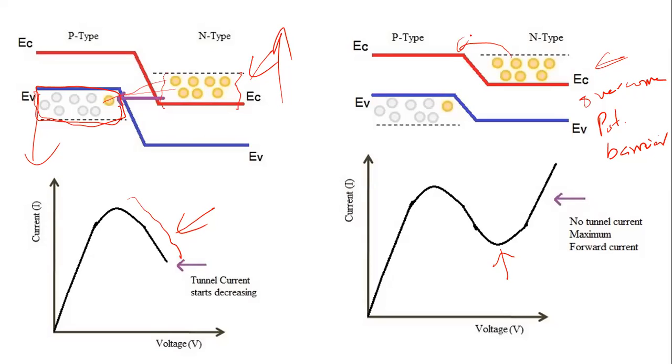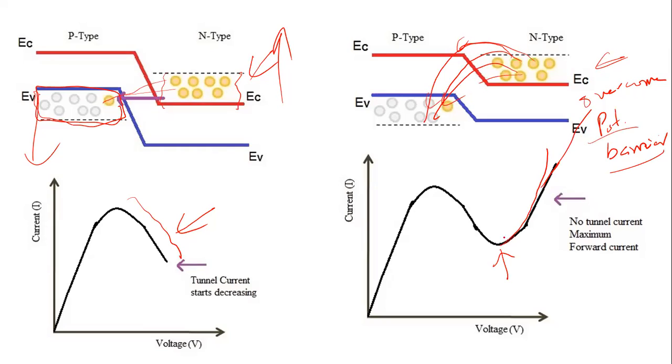So at that point, above the knee voltage, the current will start increasing again, because these electrons are able to overcome the potential barrier now because of the sufficiently large forward voltage, and you will have the usual IV characteristic curves for a PN junction.